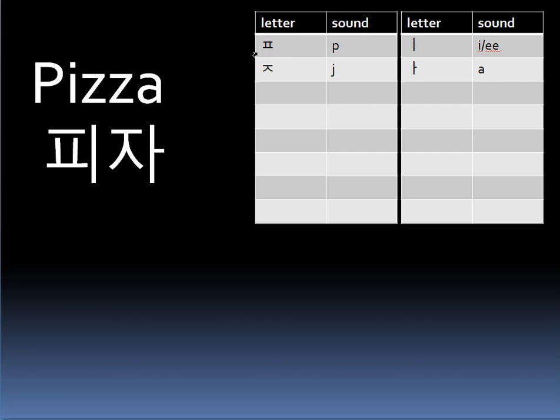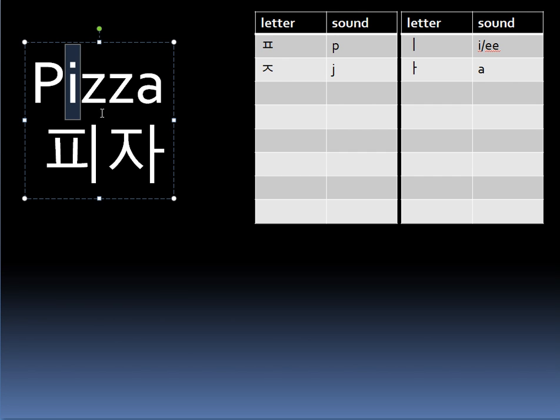Just memorize the sound, this P sound. But in order to make some word, some sound, you need to add the vowel, because it's just a consonant. This one looks like a stick, and it sounds like an E. It's not a really long E sound, just E, E, E. And pretty much you can think of pizza with this sound here.